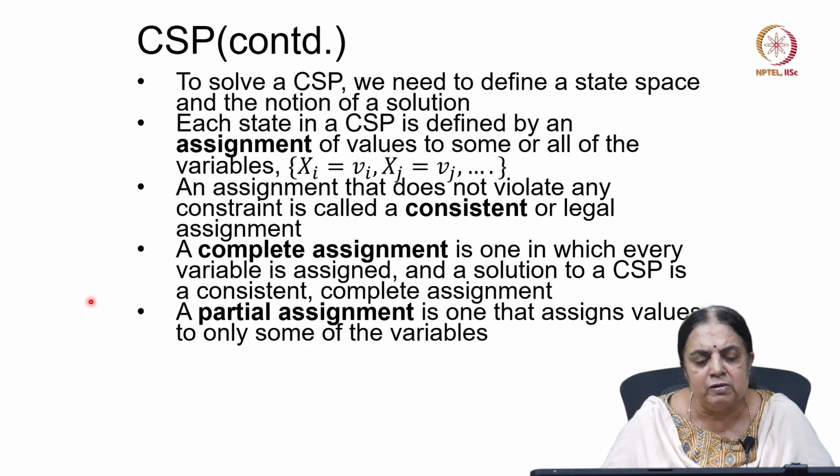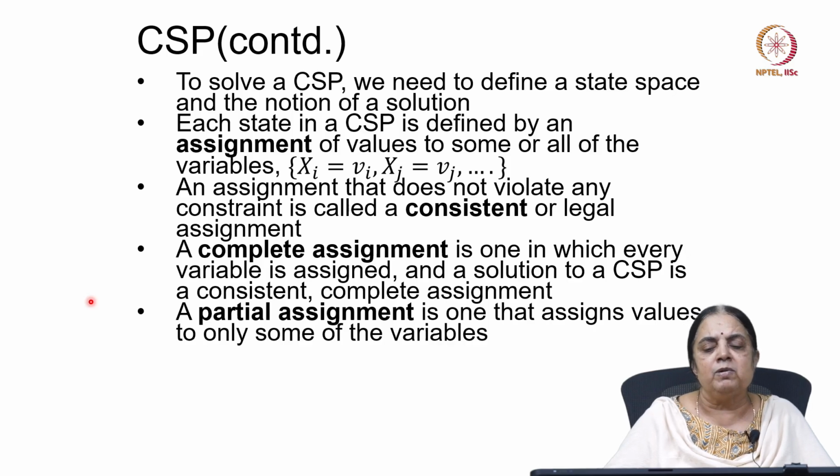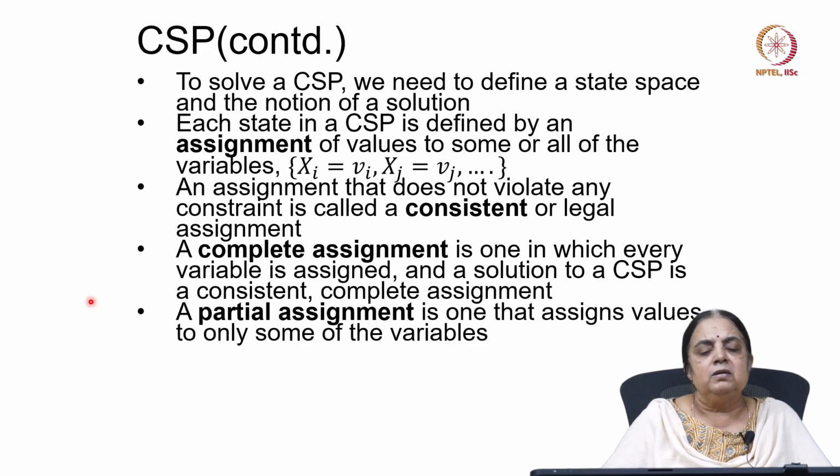So how do we solve the constraint satisfaction problem? You need to assign values to each of the variables. For example, we have x1, x2, x3, and to each of them you have to associate a value which is in the domain, maybe Xi equals vi, Xj equals vj, etc. You may find that an assignment violates some constraint.